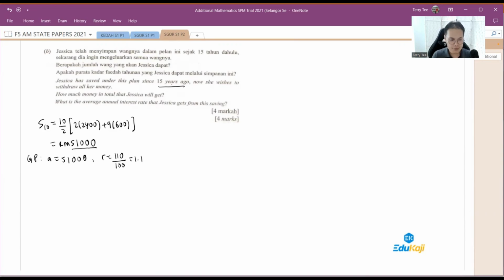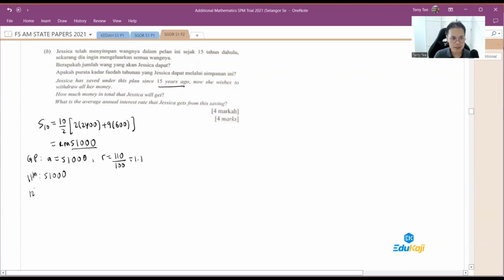So here's the confusing part: do you use T5 or do you use T4? Beginning of the 11th year, she has 51,000.